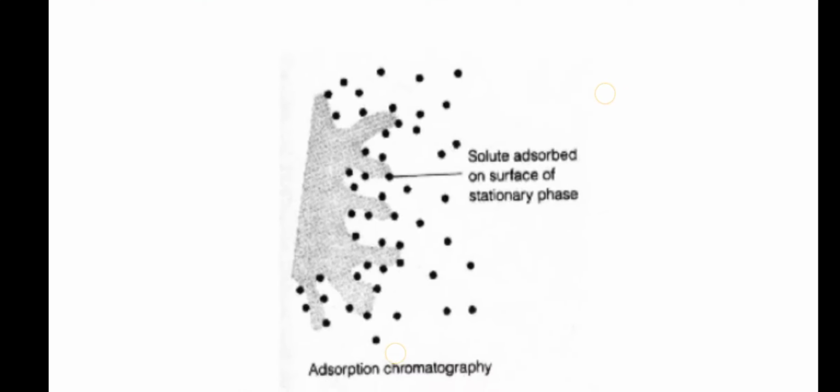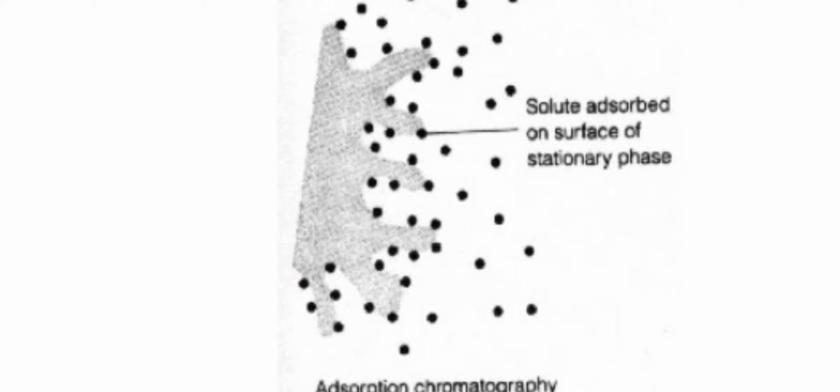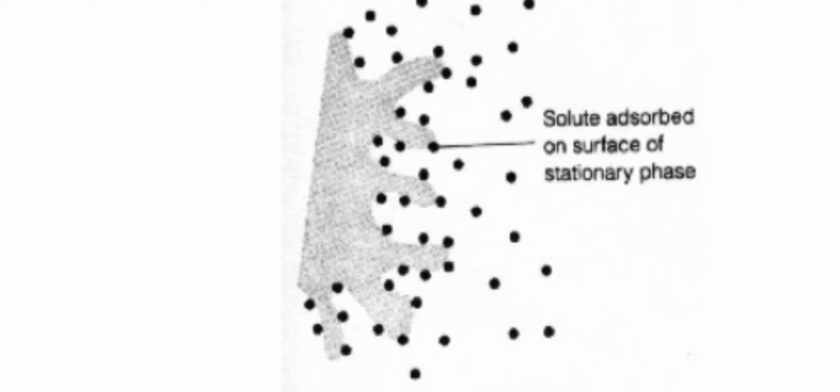Okay. Now you can see the figure of adsorption chromatography. As you can see, this is the column, the irregular shape is the column, and these are different components present in the sample, and they are traveling.